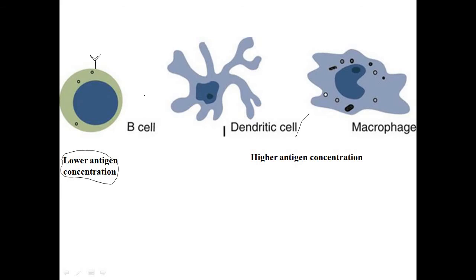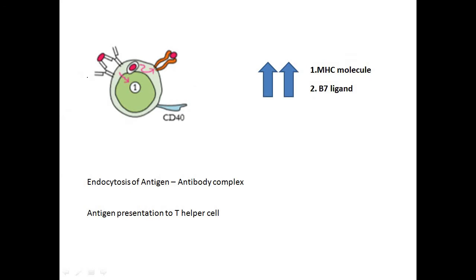So what happens generally when the antigen binds to the antibody present on the cell surface of B cells? This cartoon depicts the scenario of the B cell, where you can see that when this antigen binds to this antibody, a signal is generated. So what kind of signal is generated?